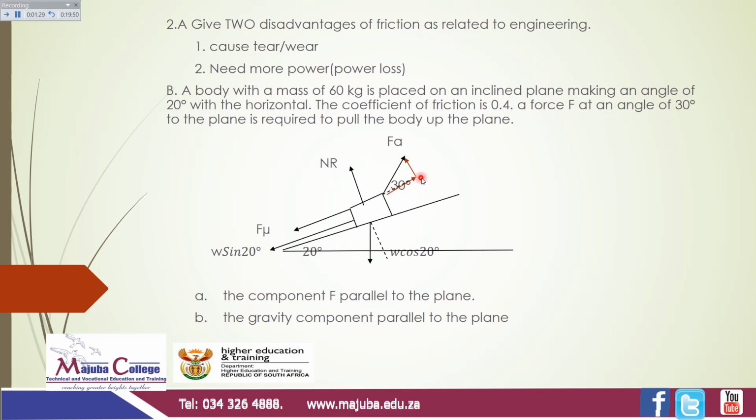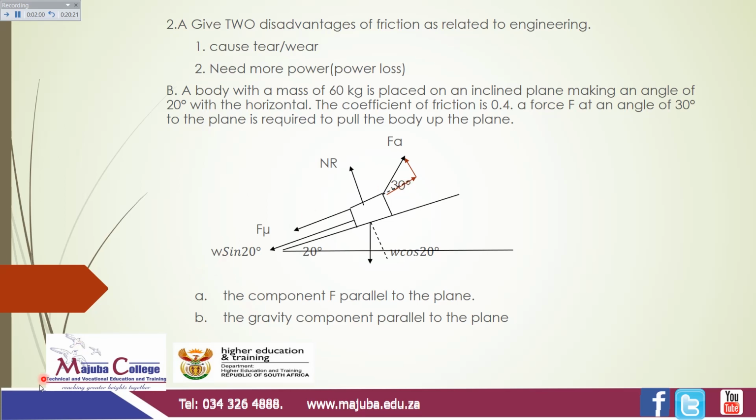You will have this force, which will be the adjacent force to your angle, and this force will be the opposite force to your angle. So now you will have the triangle, and you need to get the magnitude of this force, which will be the force opposite to your angle, and this force will be parallel to your inclined plane, and you have to get its magnitude.